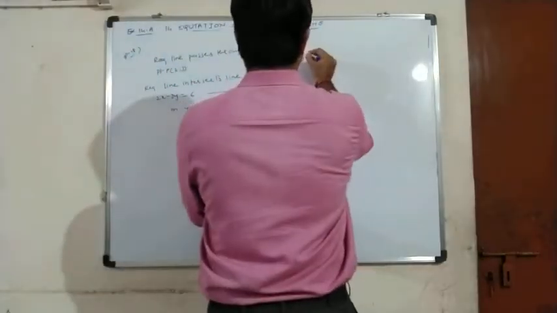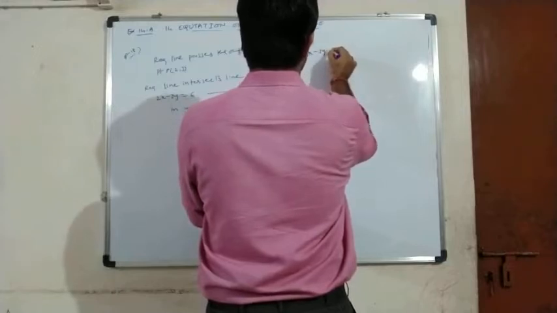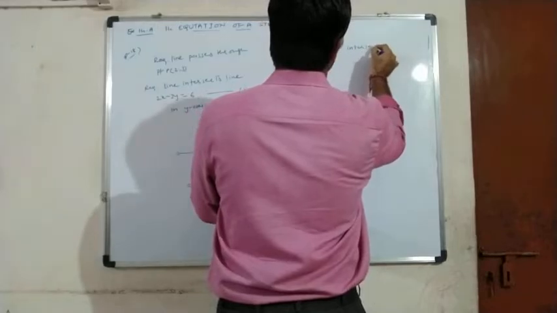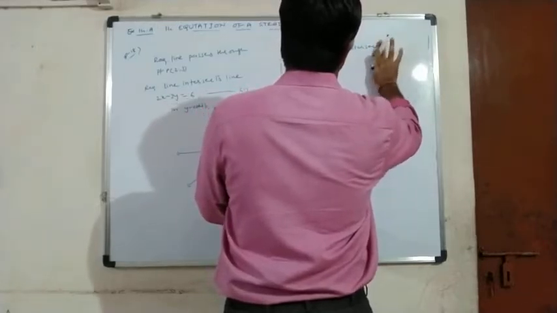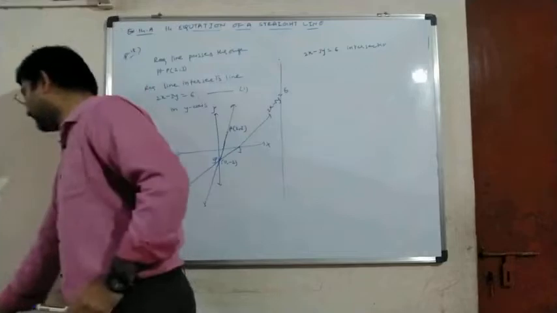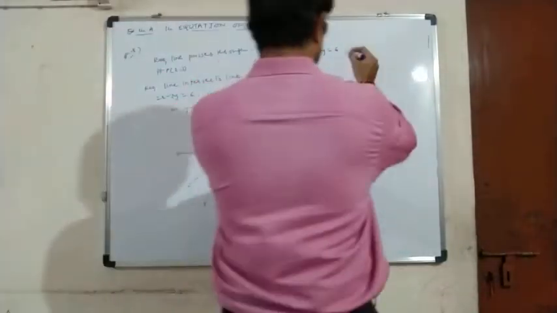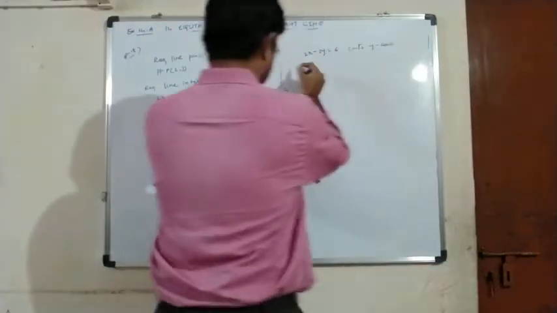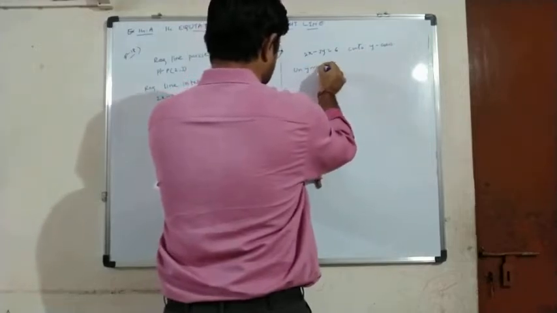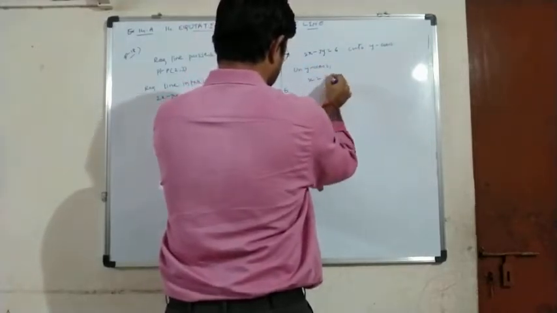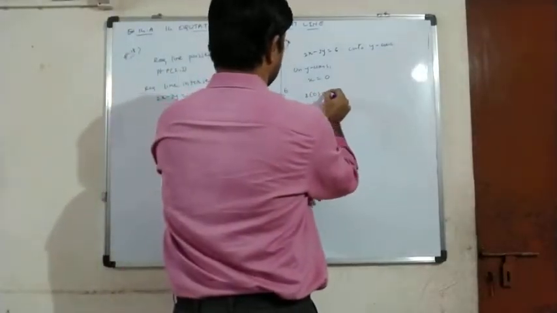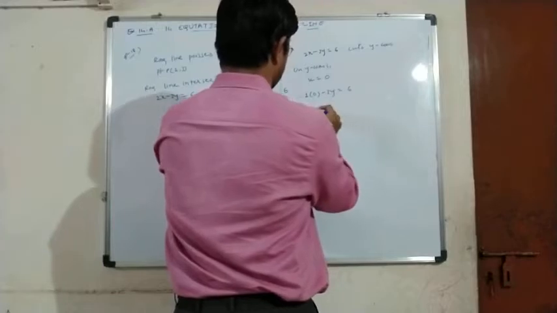2x minus 3y is equal to 6 intersects or passes through y-axis. On y-axis we know that x coordinate is 0, and therefore let us substitute in the equation 2 into 0 minus 3y is equal to 6.